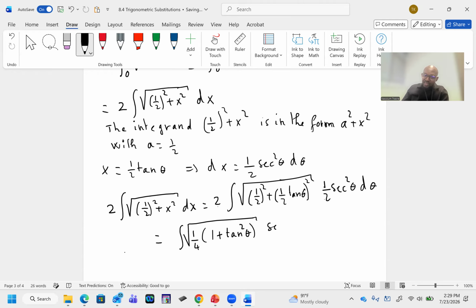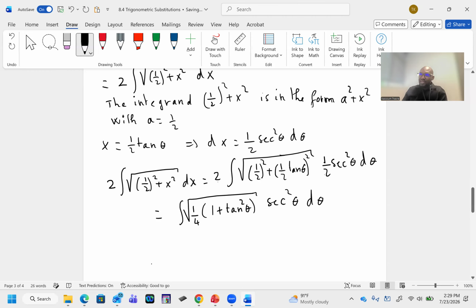So 1 over 4 can go out. And what is 1 plus tangent square? 1 plus tangent square is secant square, right? Just like secant square theta.